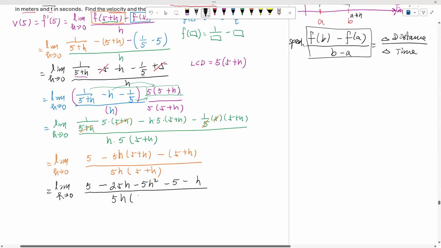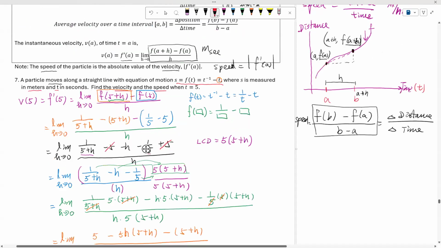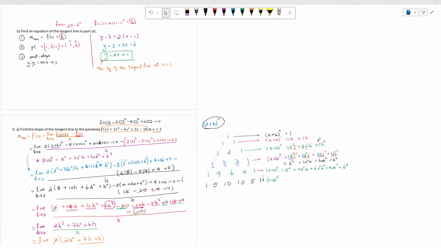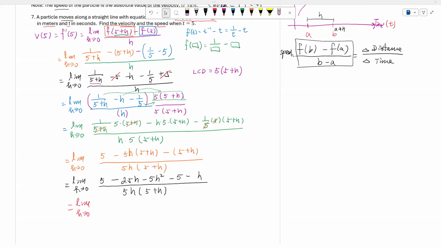And I have 5h times 5 plus h. Okay. So 5 minus 5, you can cancel it. So negative 25h minus h, negative 26h minus 5h squared, over 5h times 5 plus h.